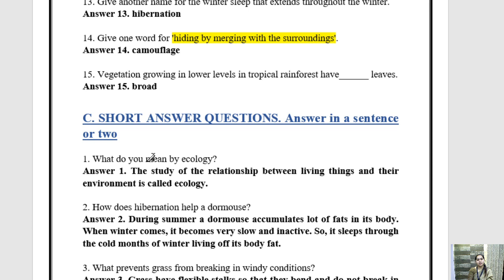Now children, please open your fair notebook of bio. I hope you all have written the new words. You have written the name of the chapter, date, new words, concept map. I hope you have completed all those things, and after that you will write short answer questions.